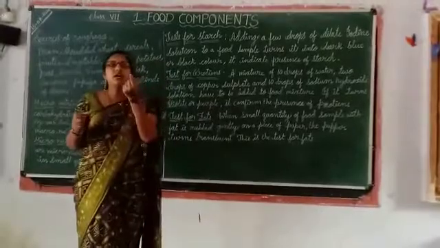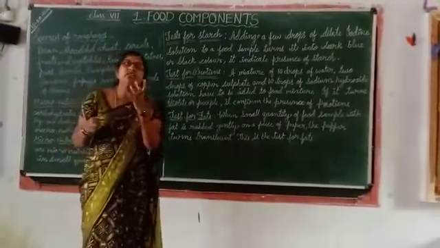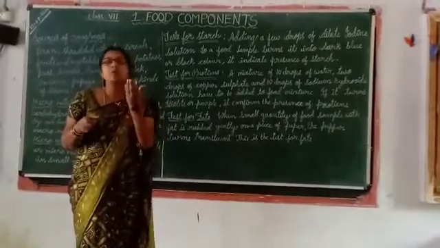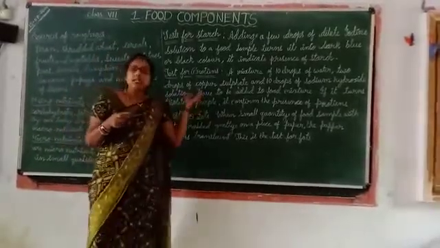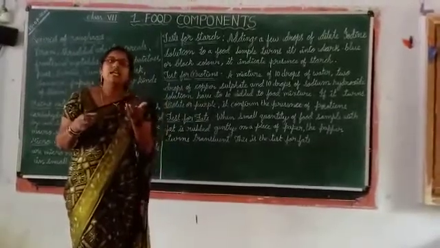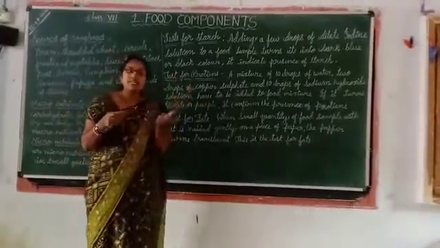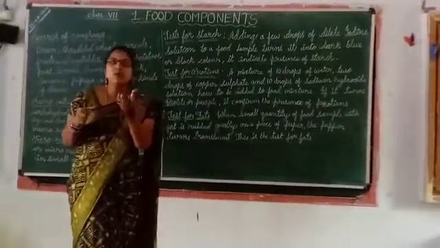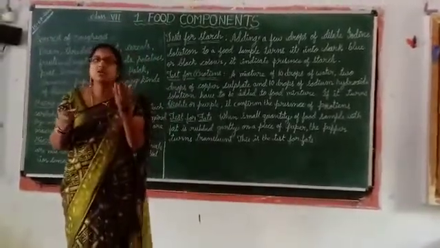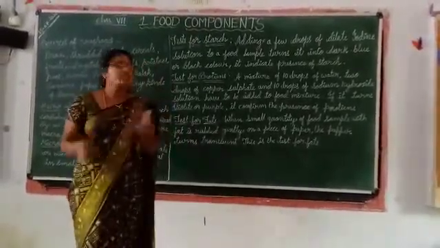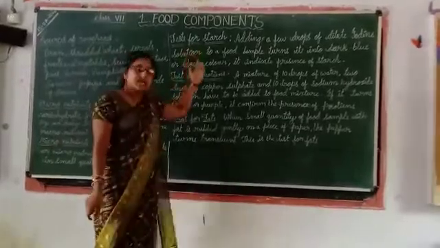If you leave it for a few minutes, you can observe that the potato turns black or dark blue in color. That means by this test we can understand that carbohydrates are present in potato. Understood? Carbohydrates contain starch. So we can say that starch is present in potato. So this is the test for starch.